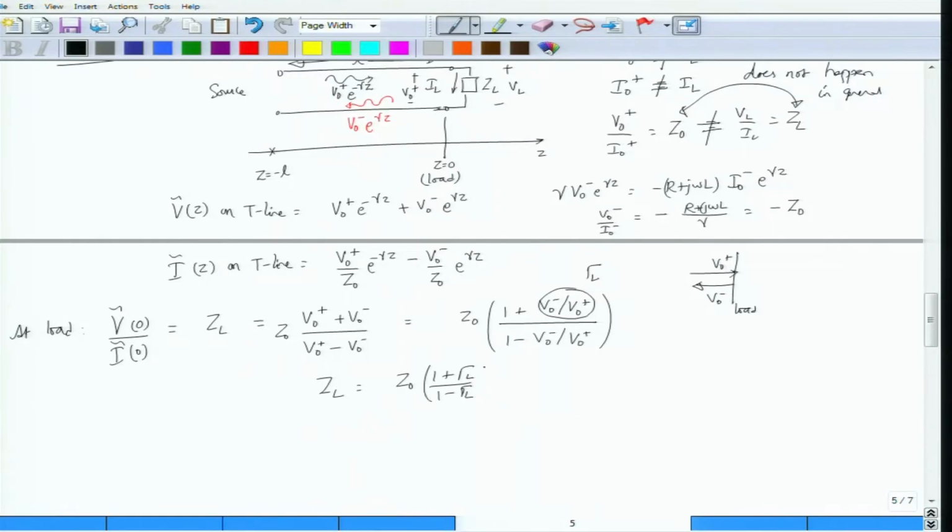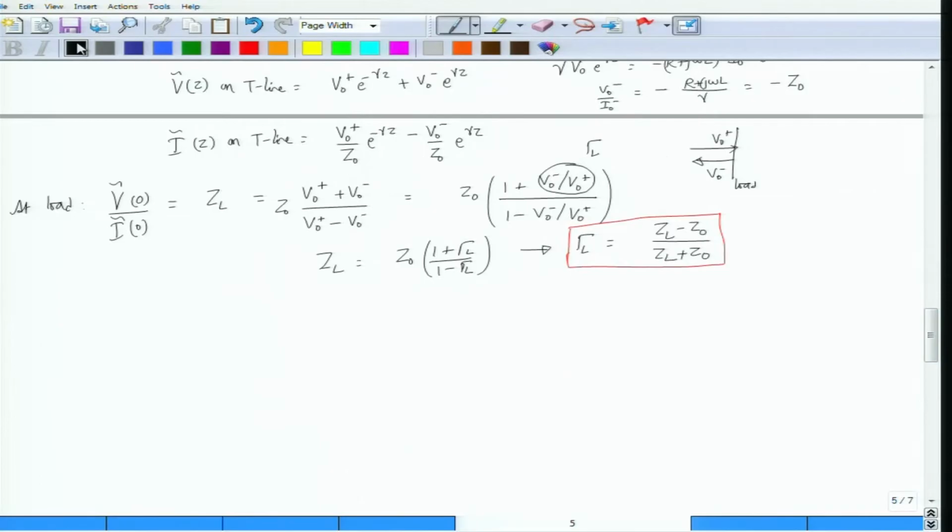You can turn this equation around to find gamma L. Gamma L is given by (ZL minus Z0) by (ZL plus Z0). This equation is very important, so let me box it. It gives you the reflection coefficient on the load in terms of the load ZL and the characteristic impedance Z0. Clearly, as you change ZL or Z0, the value of gamma L will also change.